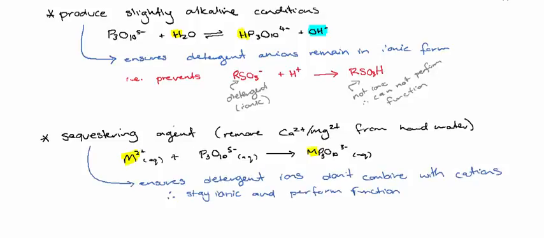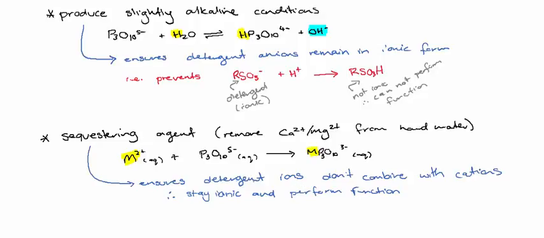So basically, if the metal ions are taken into this complex ion formed with the tripolyphosphate, it's going to lower the concentration of free calcium or magnesium ions within the solution. What that means is there are fewer of those ions to come into contact with the detergent ions.